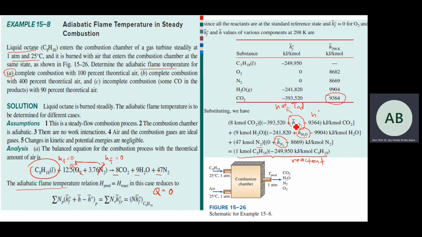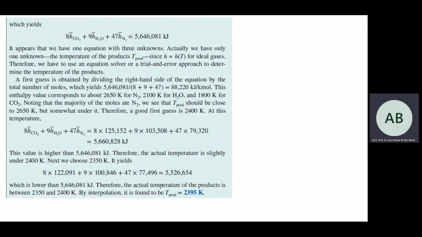So here we have h of CO2, H2O, N2 unknown, and the reactant side you will have a value. Rearrange everything, leaving the unknowns on the left side: CO2, H2O, and N2.